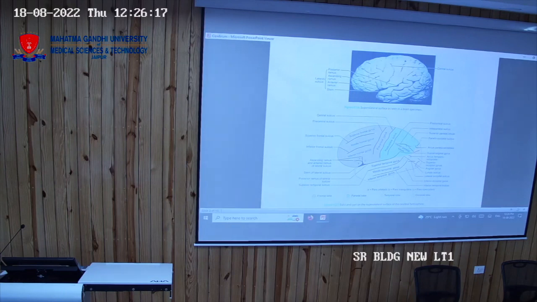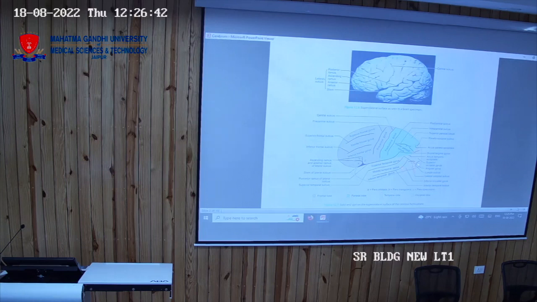This interparietal sulcus divides the parietal lobe into the superior parietal lobule, that is this one, and this is the inferior parietal lobule. Then come to this part, the occipital lobe. In the occipital lobe, you are seeing two important sulci.